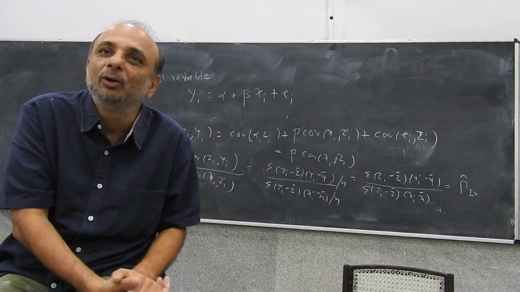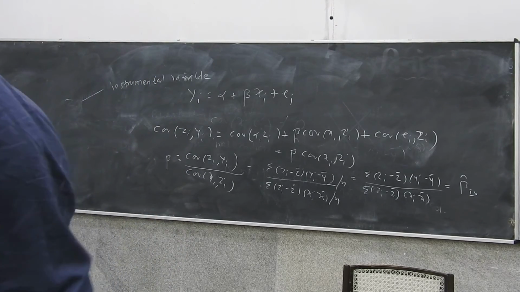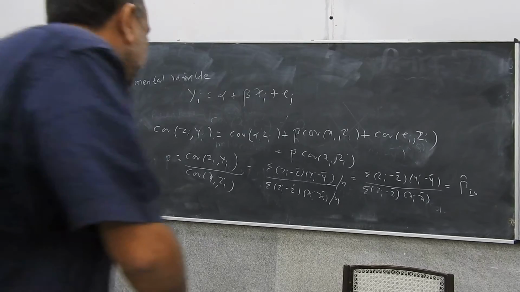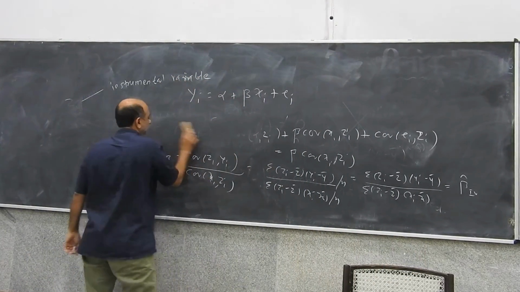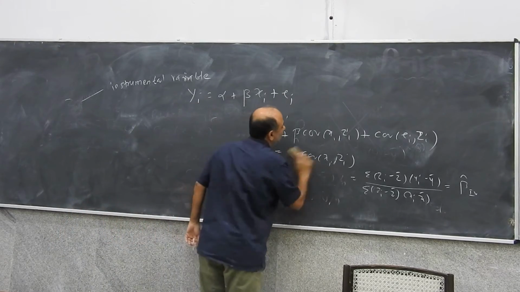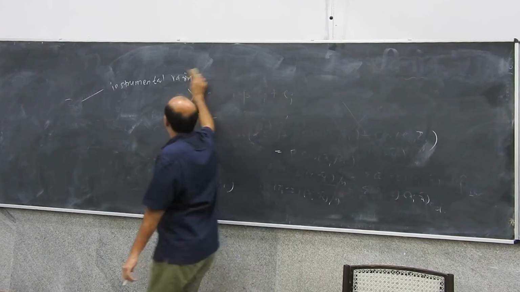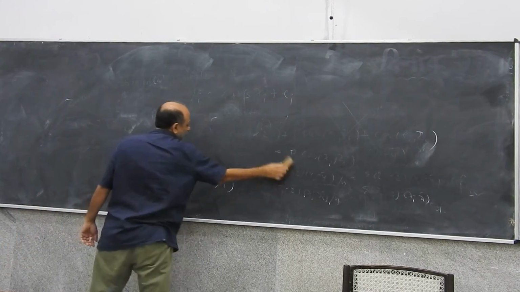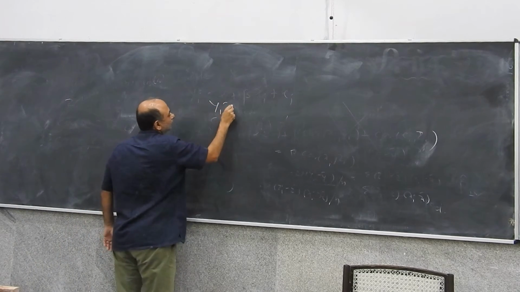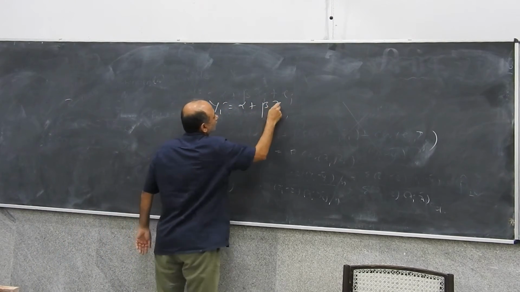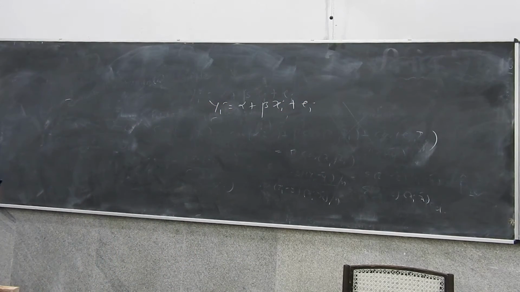So the problem is, if you have y is equal to alpha plus beta xi plus ei, right? So let's start.